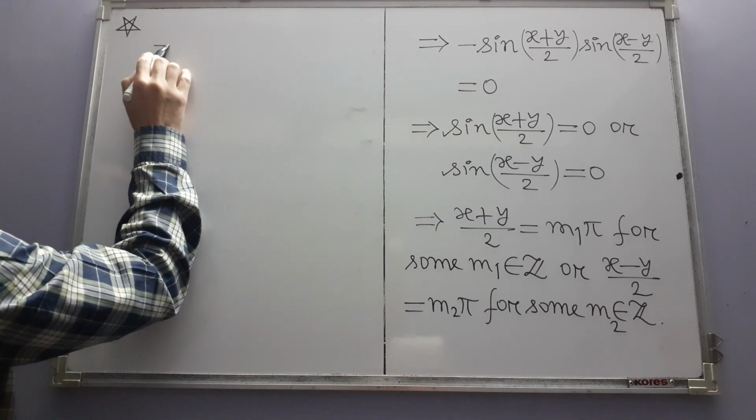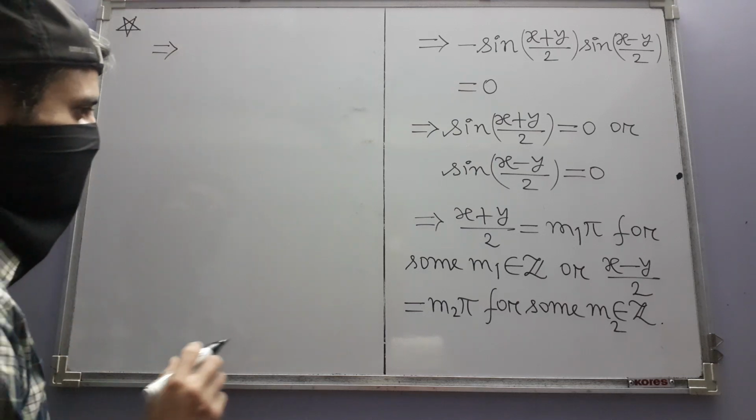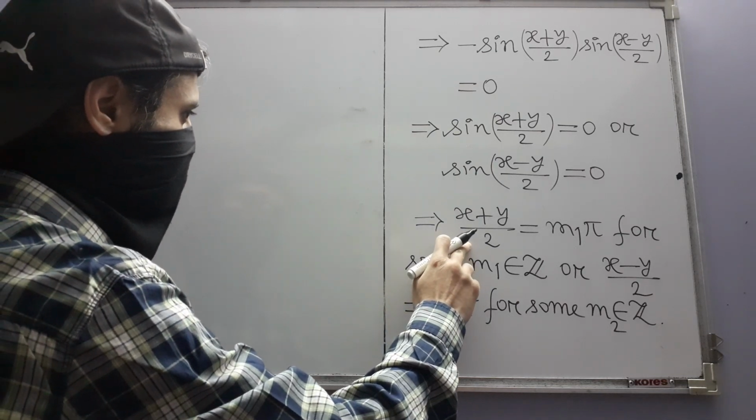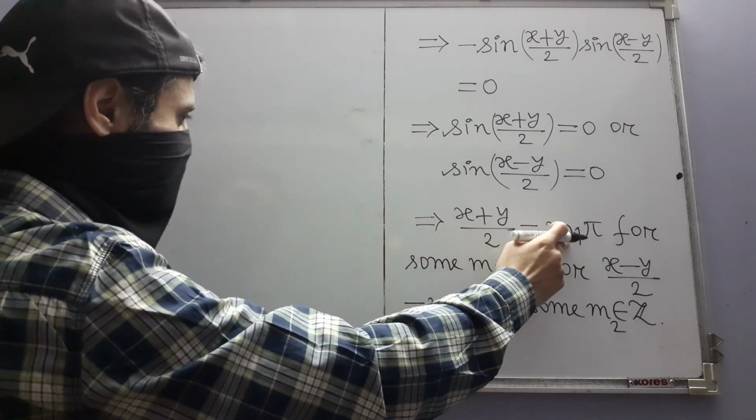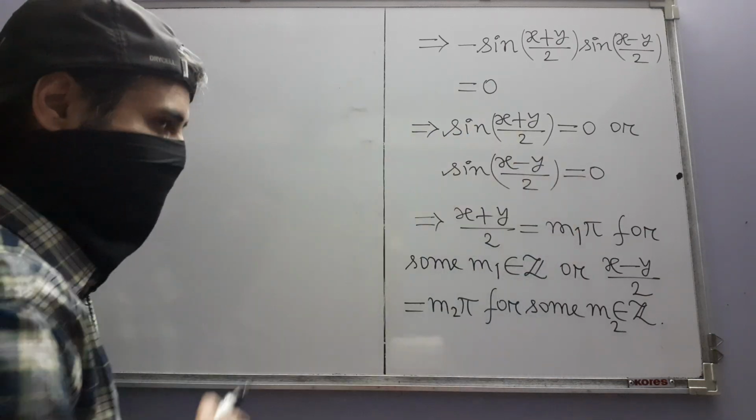Now if you write this thing somewhat differently, then you multiply by 2 both sides and then you subtract y from both sides.